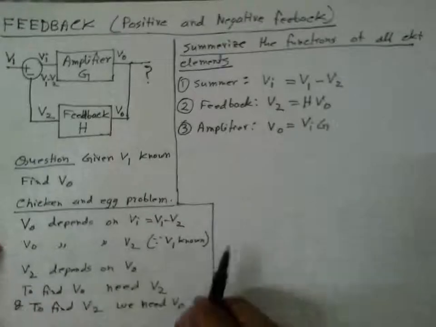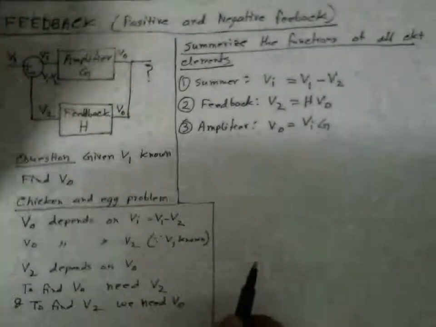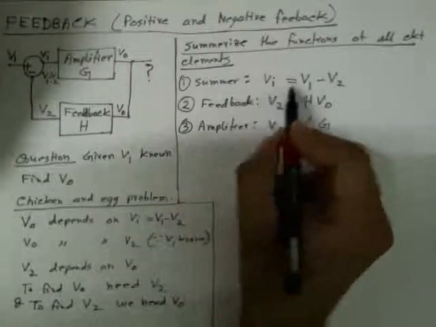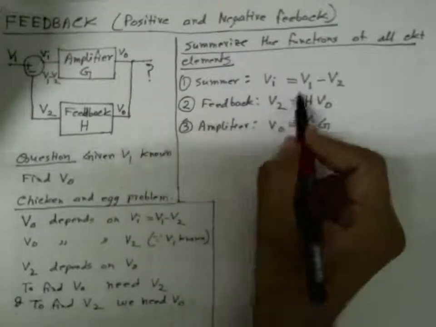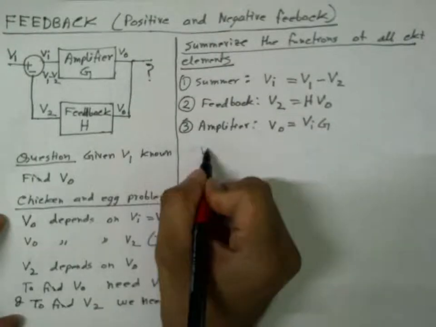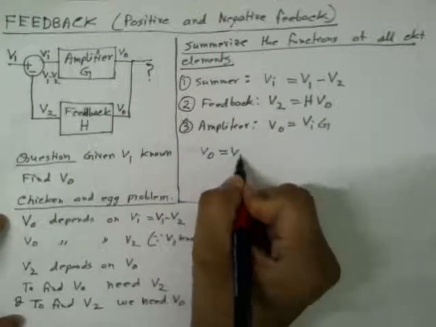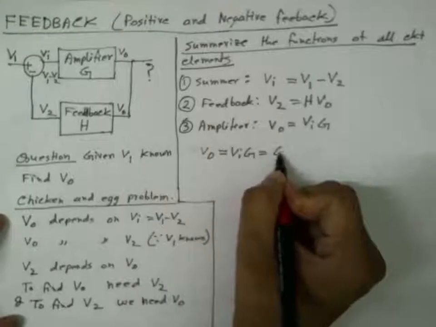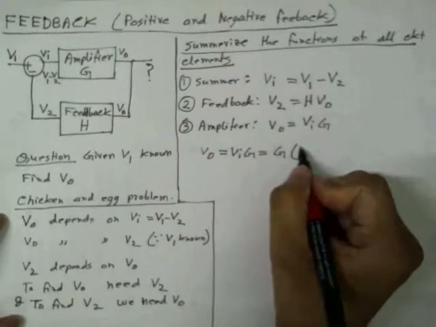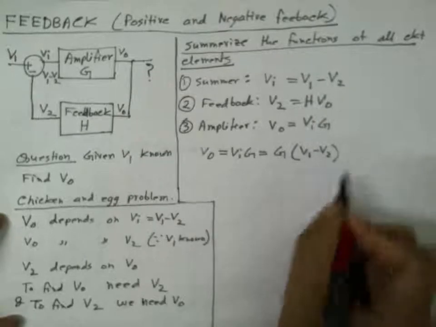So for that, what do we have to do? Let me use this equation. Let me rewrite this. VO is equal to Vi times G. So this is nothing but G times Vi, and Vi is nothing but V1 minus V2.